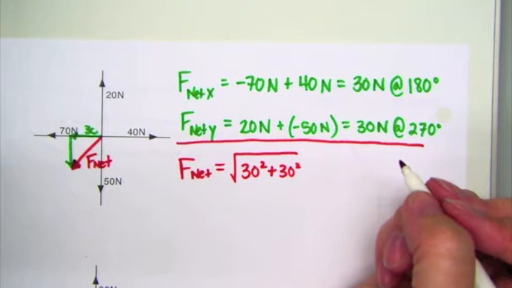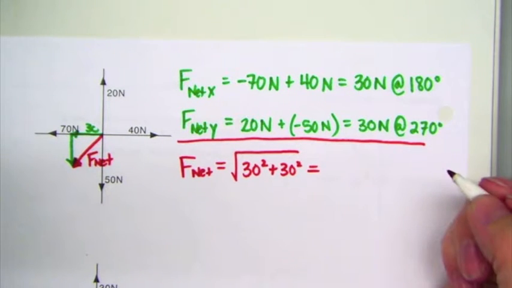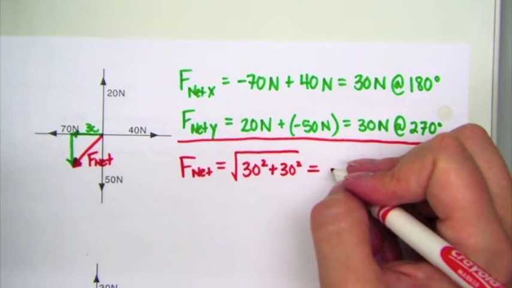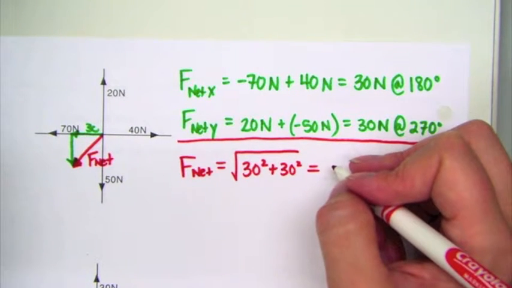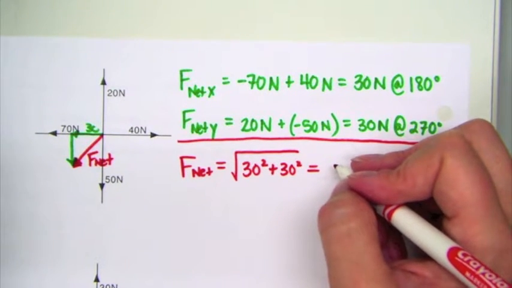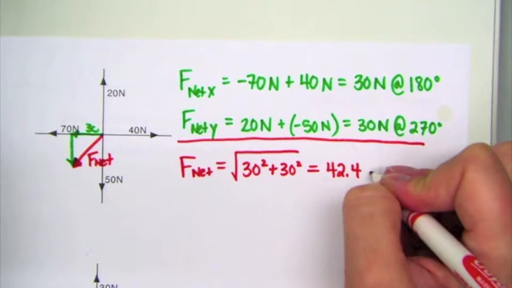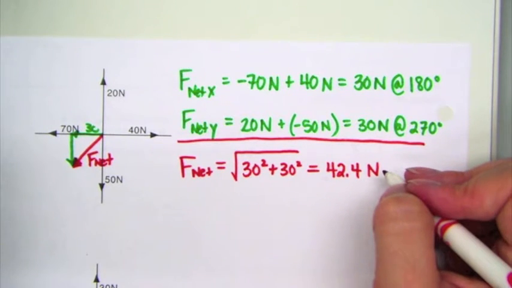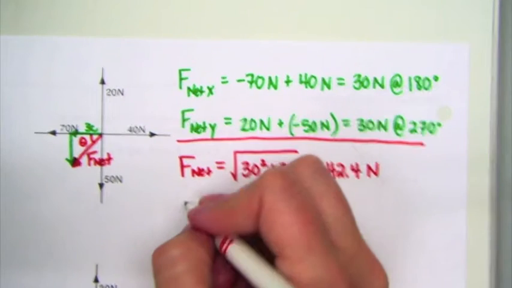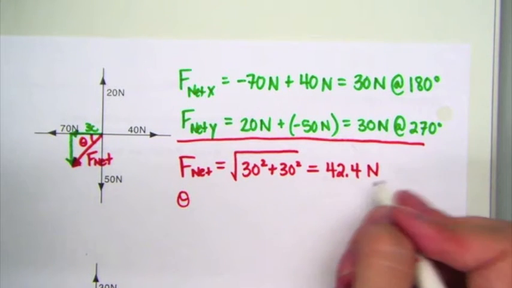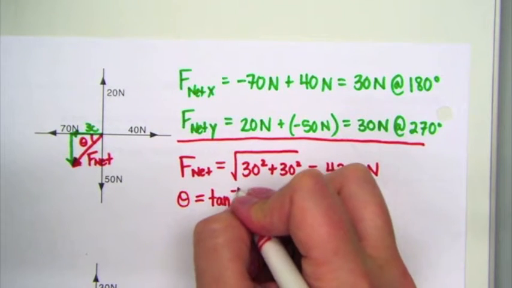Okay? We use the Pythagorean theorem when we have a right triangle. In order to find the angle, our direction, because remember, vectors have both magnitude and direction, we're going to use the inverse tangent function.